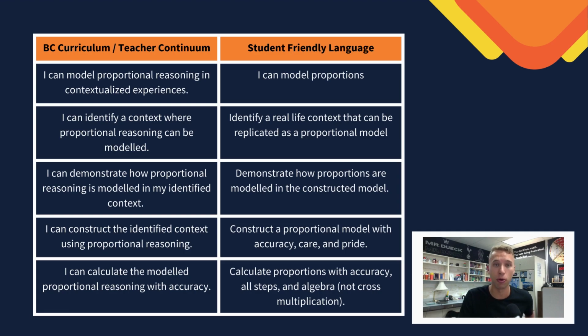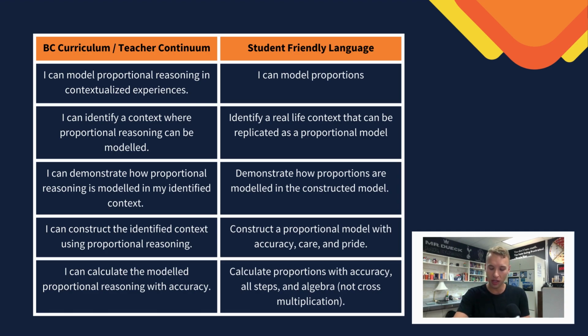So when it says proportional reasoning, to an 8th grade student, there is no difference between proportional reasoning and proportions. So I will use the language that's more accessible. And I will also completely nix contextualized experiences. That will happen regardless. When we model them, there will be contextualized experiences. I'll make sure of that such that we can make it more accessible.